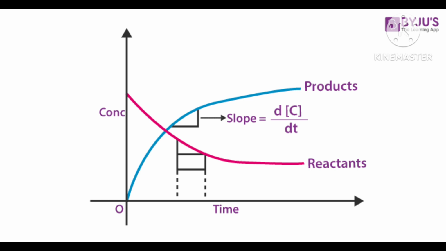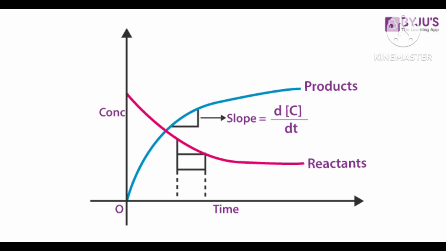That is, delta G must be less than 0 at constant temperature and constant pressure. If the delta G value is negative at constant temperature and pressure, then you can tell that the reaction can take place. These things I have already discussed in detail.